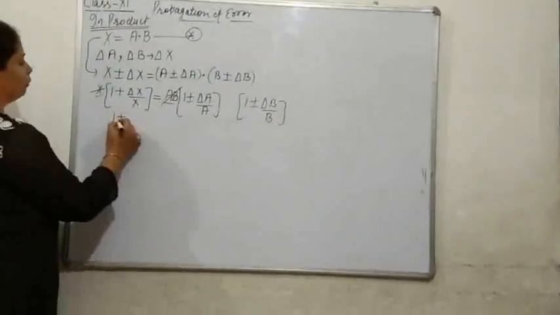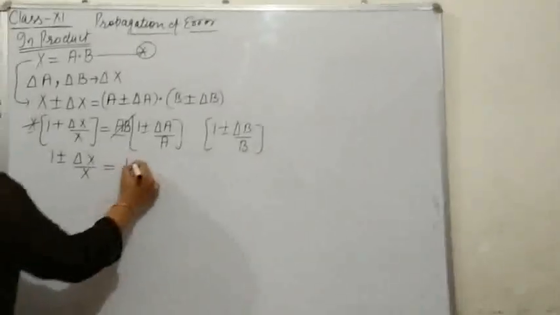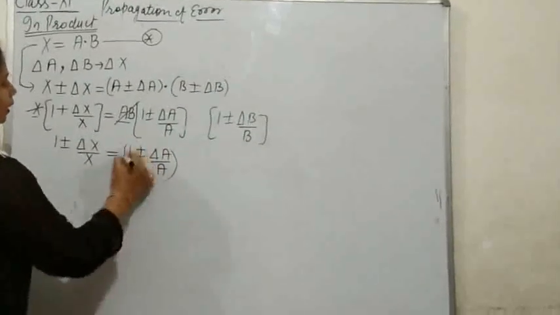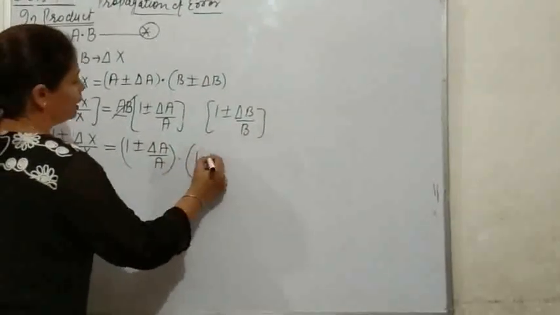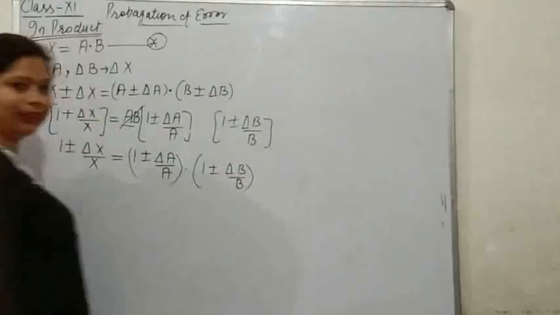That is equal to 1 plus minus delta x upon x, that is equal to 1 plus minus delta a upon a within bracket into 1 plus minus delta b divides by b. Clear up to now, students?